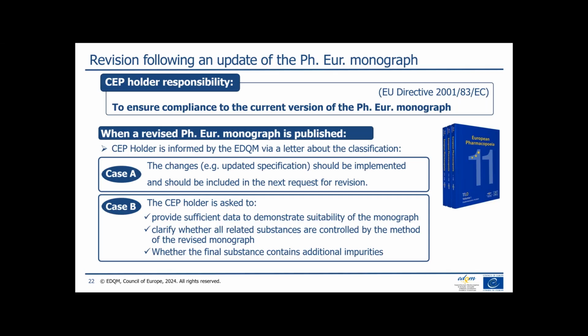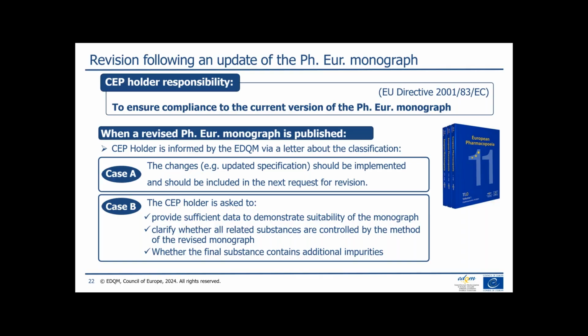So the EDQM decides whether these updates are case A or case B, and also EDQM informs the SEP holder of these updates of the pharmacopoeia monographs via emails, which is another reason why it is important to have the contact details up to date.